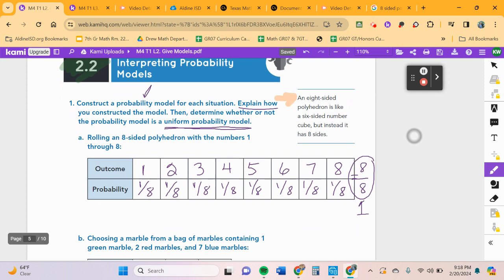So looking at this, I can see that they, yes, are all the same. So yes, this is uniform. Yes, this is a uniform probability model because, and also you can explain and take it up a notch, because they all have the same chance of being selected.